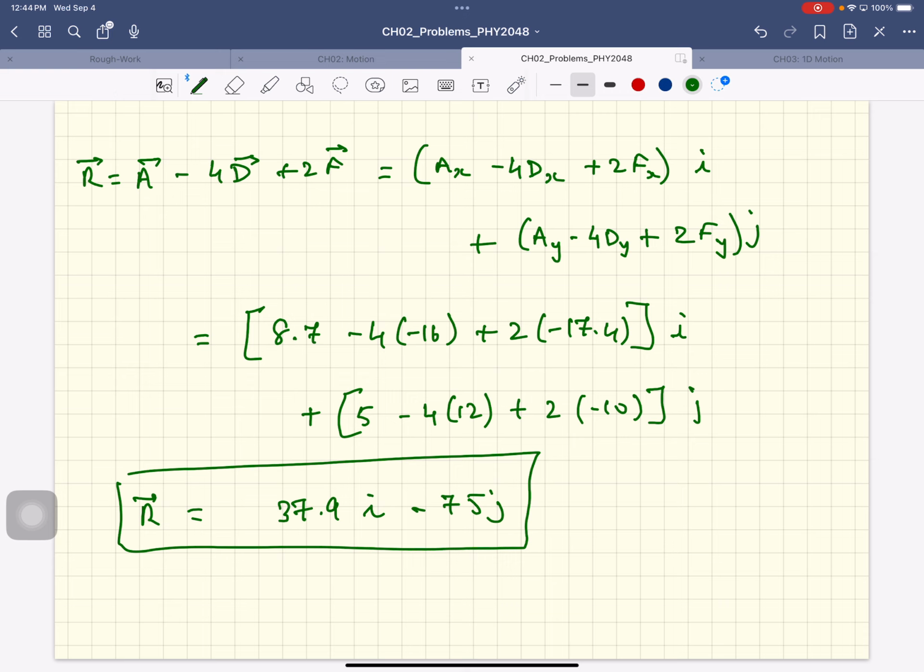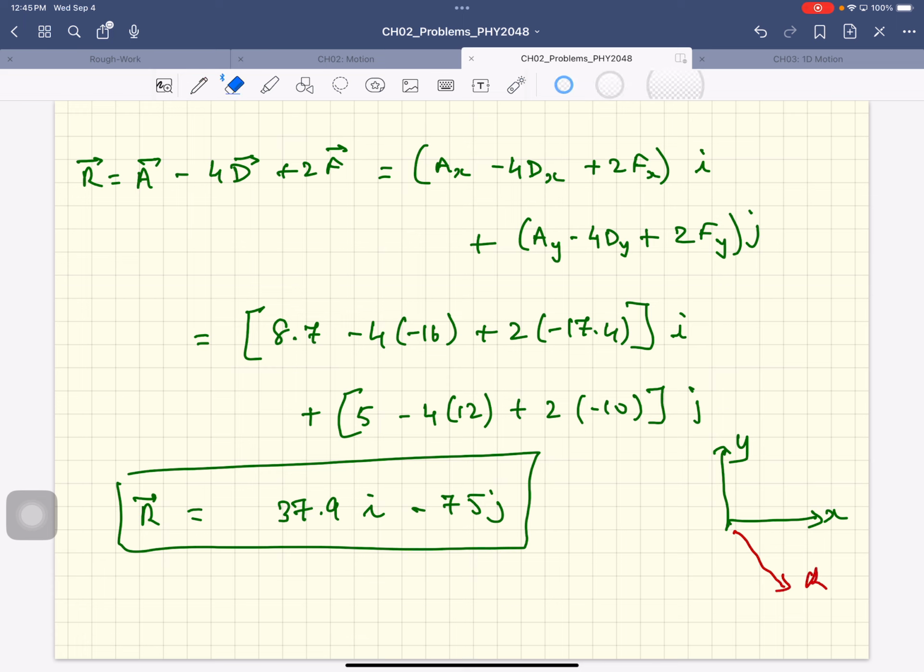We'll do a couple more things with this vector just so you know all the manipulations. If you wanted to draw this vector, here's your x-axis, here's your y-axis. The x component is positive, the y component is negative, so it's in the fourth quadrant, and the vector is something like that.